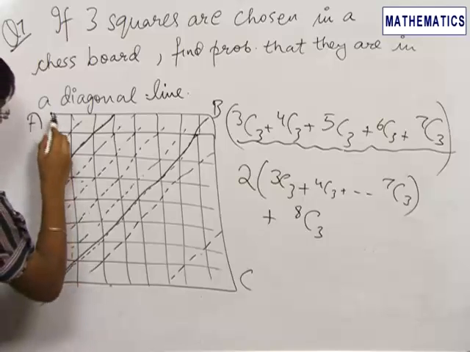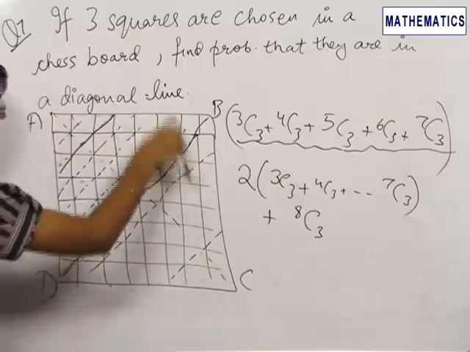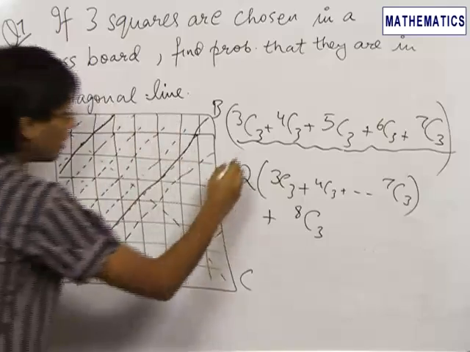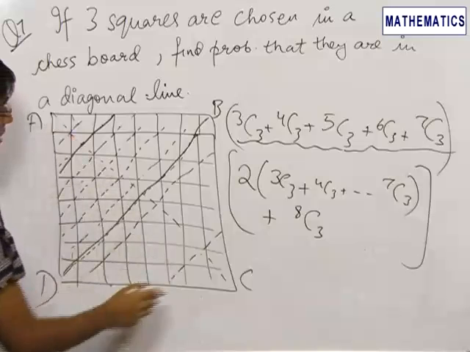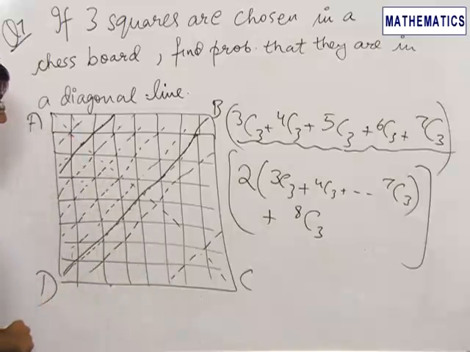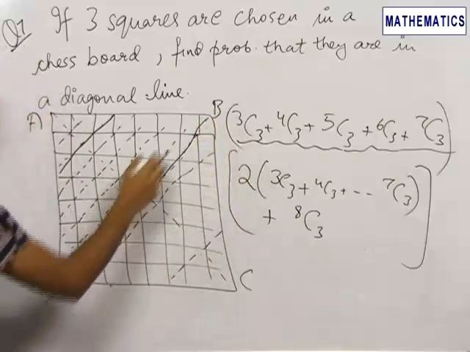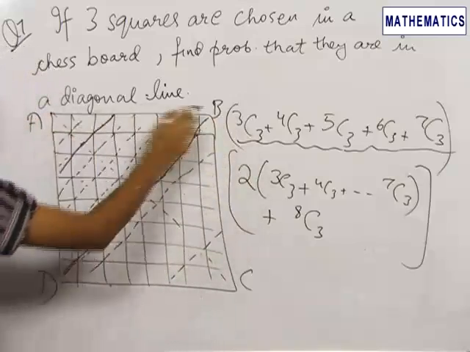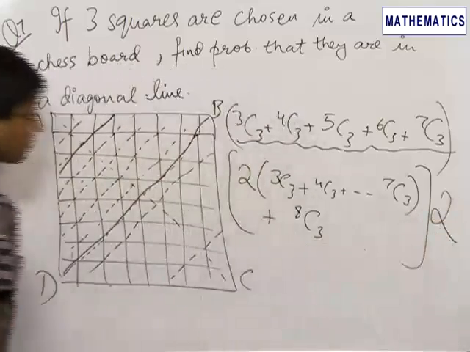Similarly, we could join A and C and consider these diagonals also. By symmetry, the number of ways will be again equal to the number of ways which we found by splitting the square in triangles ABD and BCD. So this is equal to 2 times.